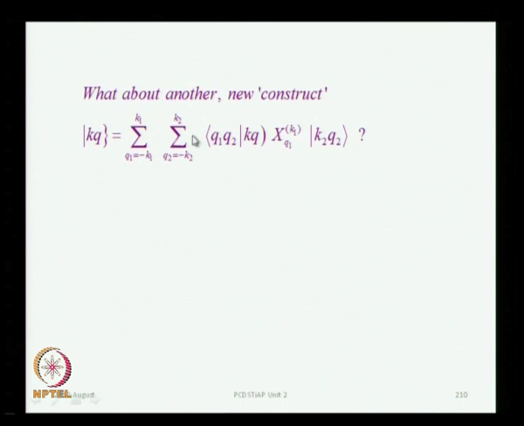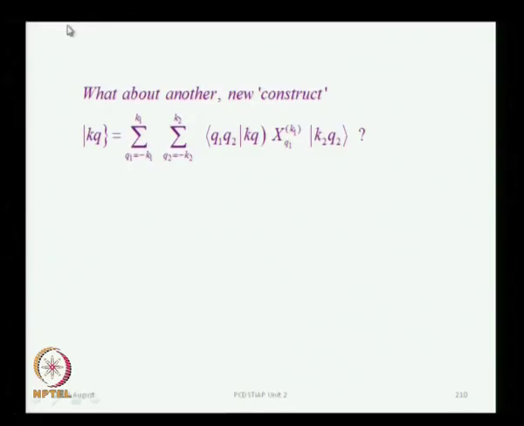now we ask another question. We had combined an angular momentum vector with another angular momentum, then we combined two irreducible tensor operators using the same law.